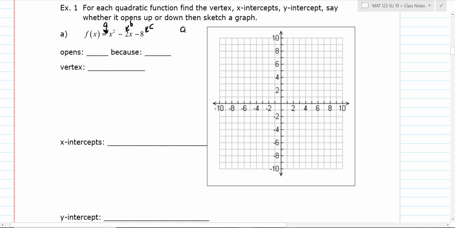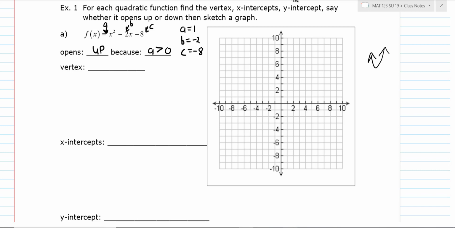So you would have a as 1, you would have b as -2, and you would have c as -8. So you want to know that. So this thing is going to open up because a is bigger than 0. Okay, so that's the first thing you want to know, is we know this parabola is going to open up just by looking at it.